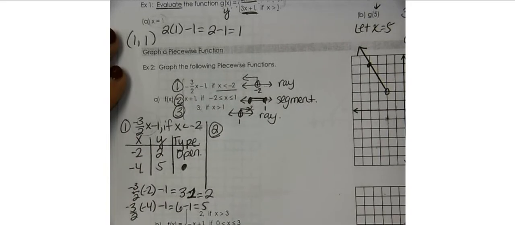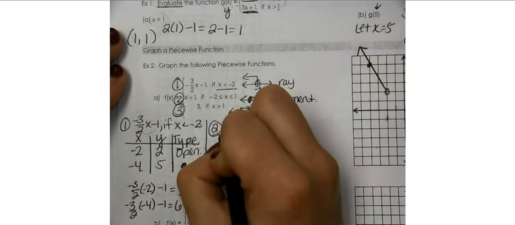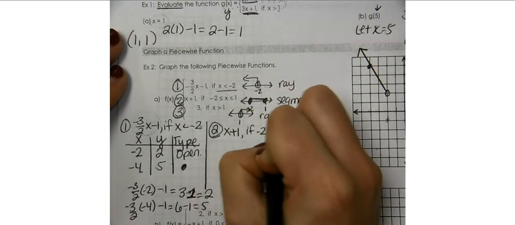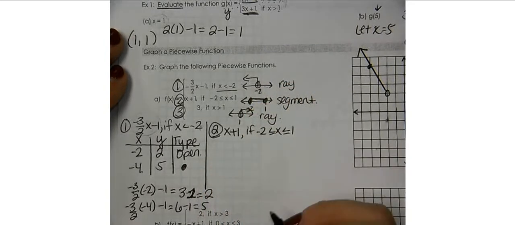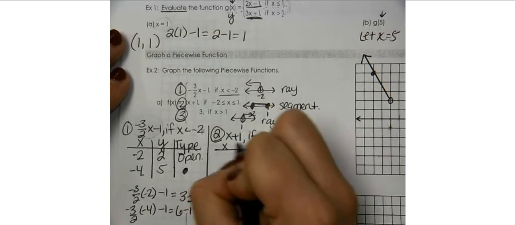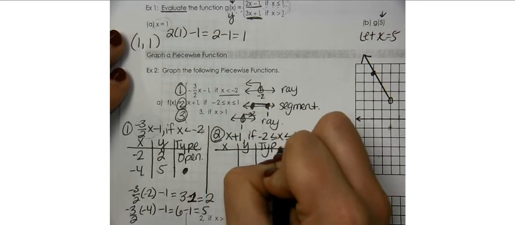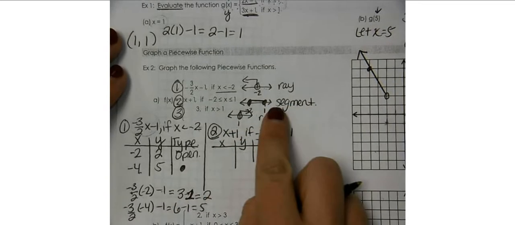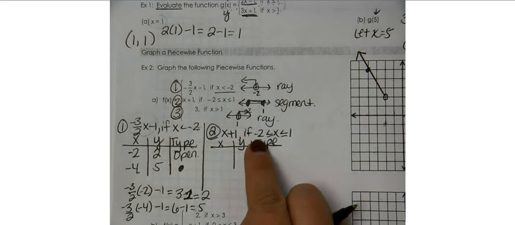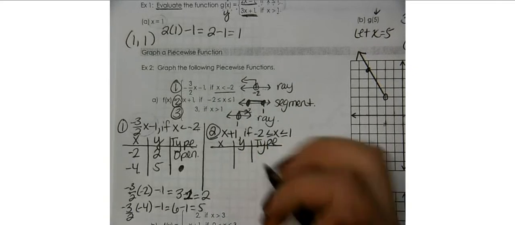All right, now we're on to the second piece. The second piece is x plus 1, and that happens if negative 2 is less than or equal to x, which is less than or equal to 1. I'm going to create the same exact table, x, y, and type. And the nice thing about the segments is that they already tell you the 2 numbers to actually use. I'm going to use negative 2, and I'm going to use the number 1.